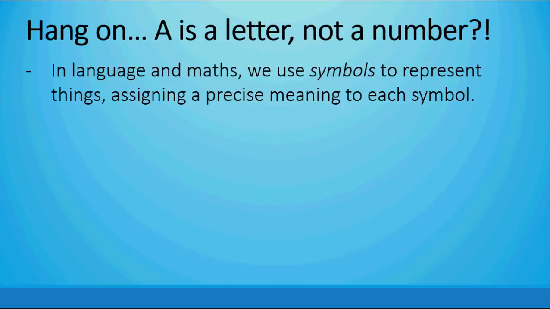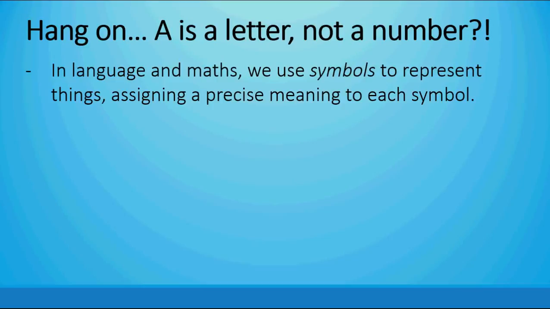And so, let me summarise that in text. In language and maths, we use symbols to represent things. And each symbol is assigned a precise meaning. So, for example, A in English. A is a letter, but it's just a symbol on a piece of paper. Just something we write. But in English, we assign it a sound.